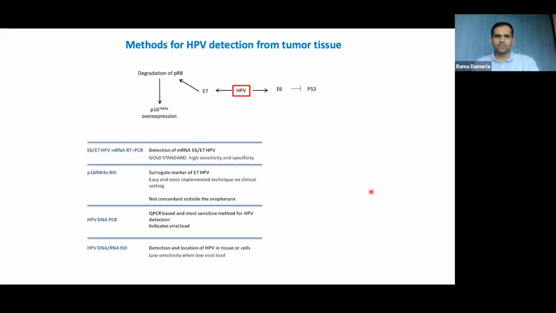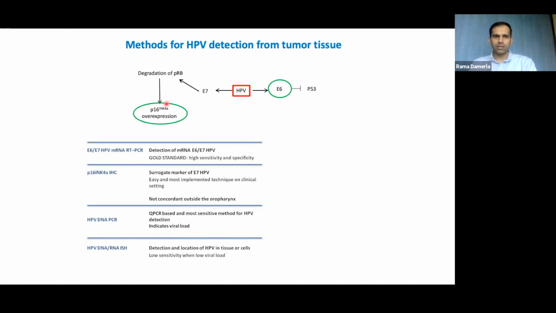So the way HPV causes cancer is by two mechanisms. One is by expression of this viral gene called E6. E6 causes degradation of p53, so that leads to cancer progression, and then also E7 leads to degradation of pRB, or retinoblastoma protein.